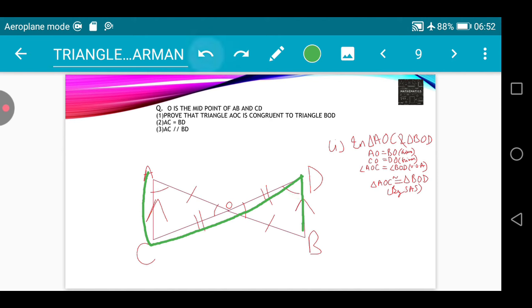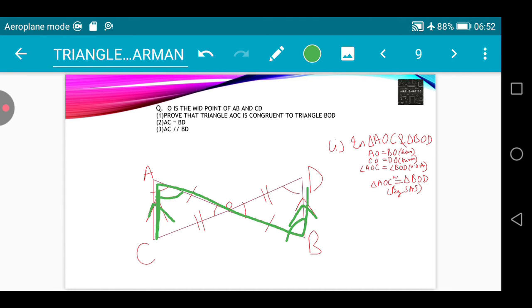Or we can do what? Firstly, we have done AOC and BOD, so what you can say, this will be equal to this, so AC is parallel to BD, simple.